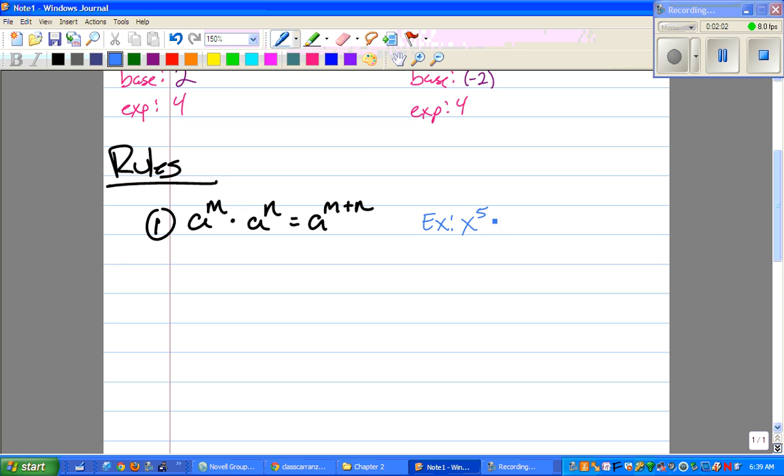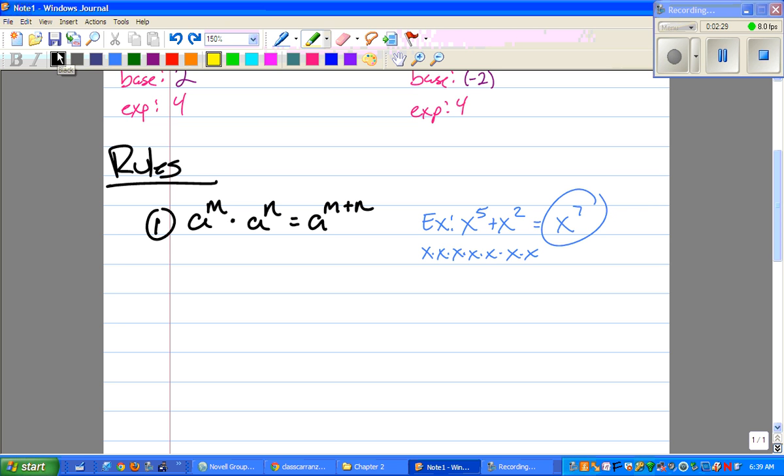If we have x to the 5th times x squared, really we have 1, 2, 3, 4, 5, 6, 7. So you really have x to the 7th right there, okay? So you just do 5 plus 2, and that gives you 7.